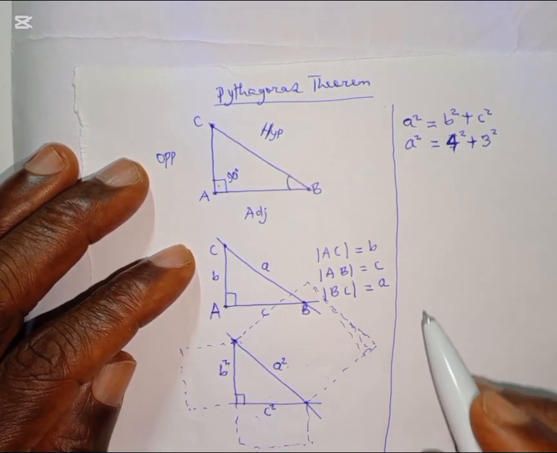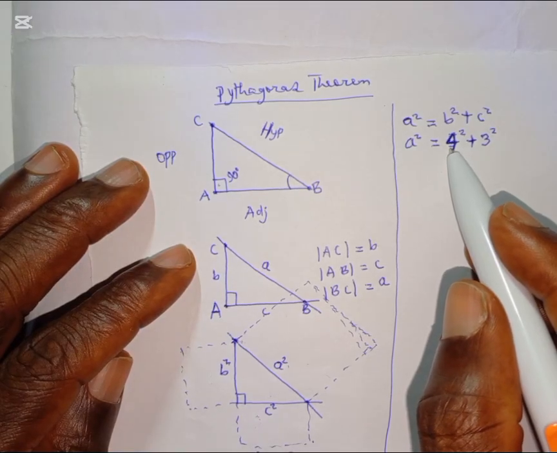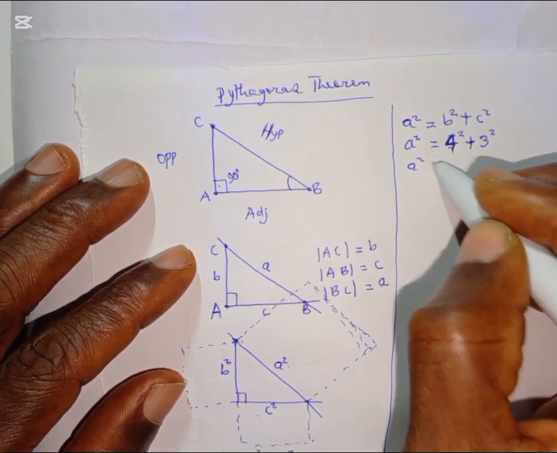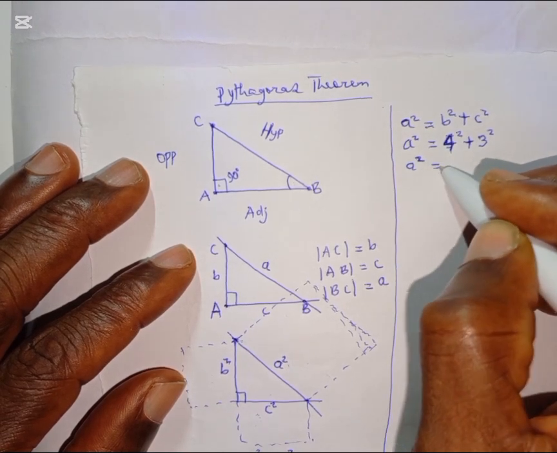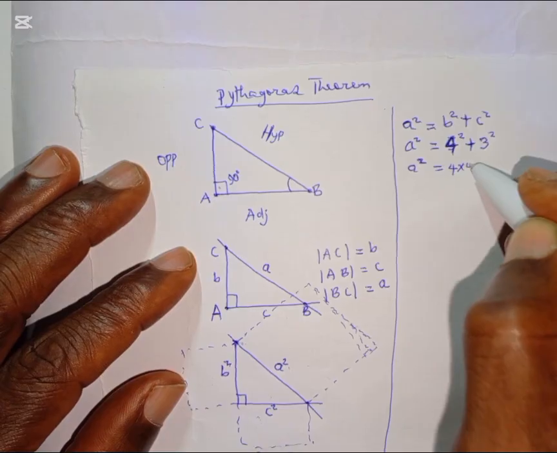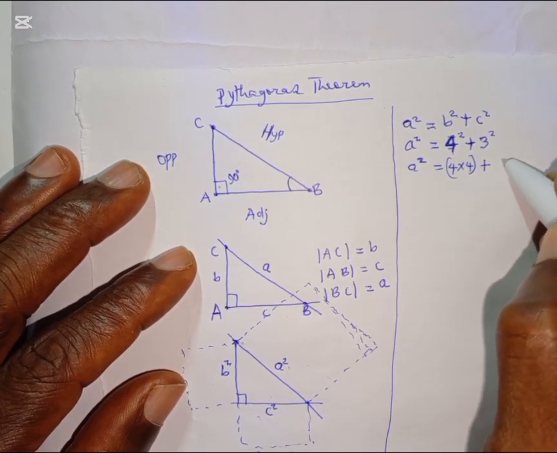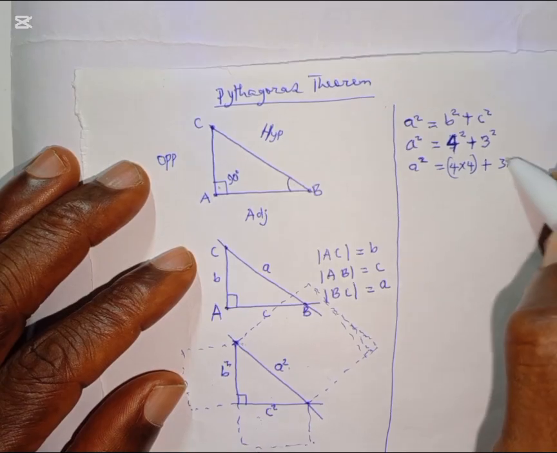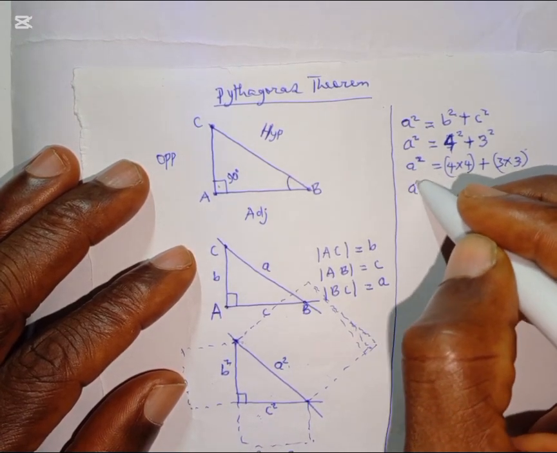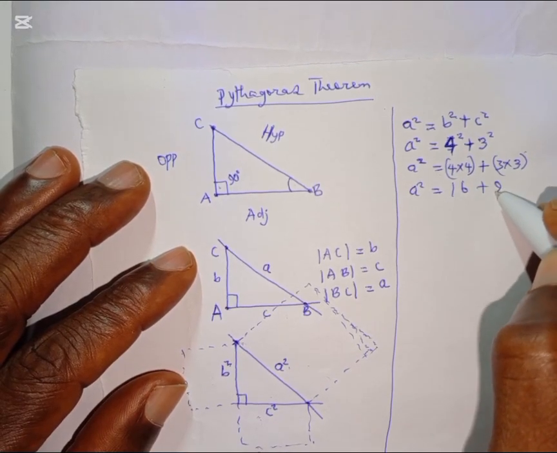And if we have a shape like that, we can solve this easily. We say a square is equal to 4 times 4, that is 4 square, plus 3 times 3, and we have a square is equal to 16 plus 9.